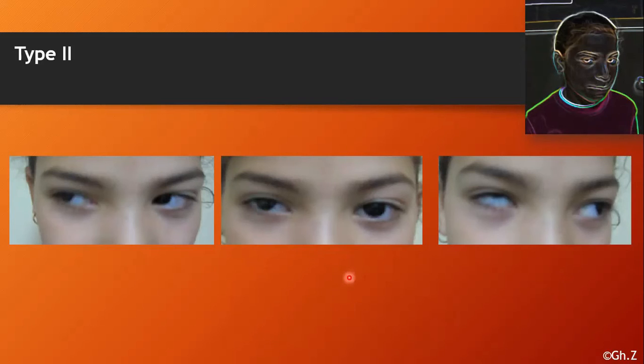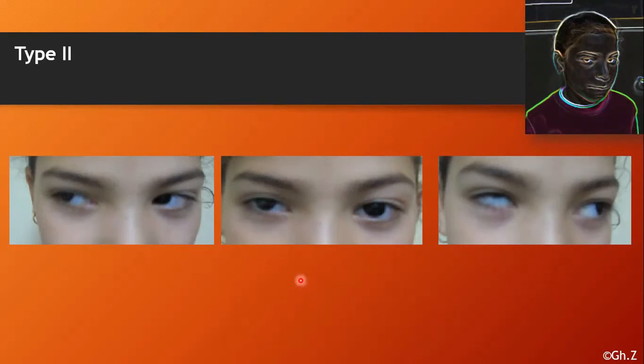As I said, type 2 is relatively rare, and maybe I saw this case like 10 years ago, so this is bad quality because it's an old photo. There is no Hirschberg, but you can appreciate at least that the nasal scleral triangle is bigger in the right eye. This is an exotropia in the right eye.